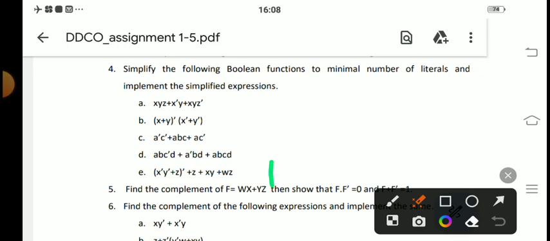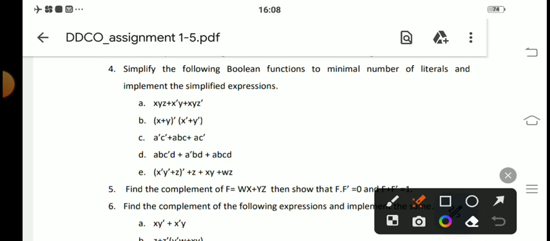You will get to know how to solve xyz + x'y + xyz'. Here you can combine the first and third terms, take xy common, z + z' is nothing but 1, so xy remains.